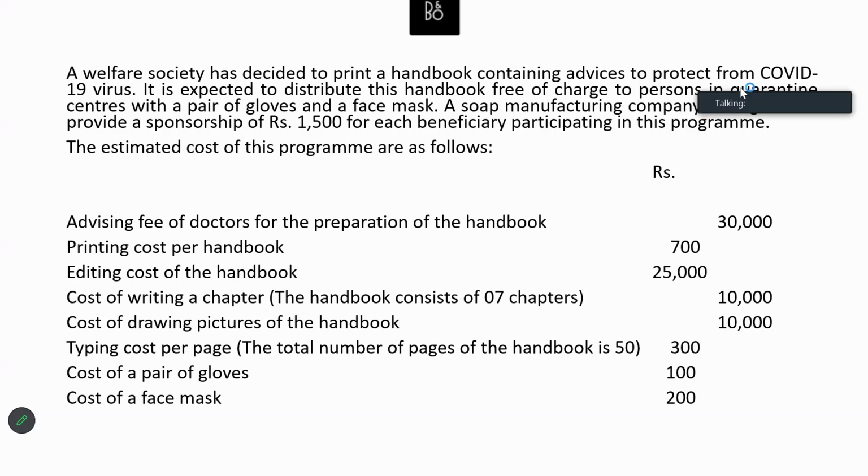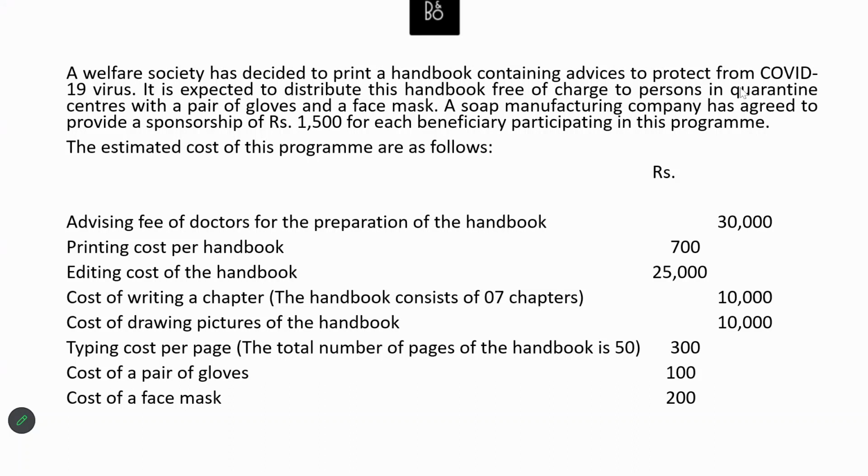A welfare society has decided to print a handbook containing advice to protect from the COVID-19 virus. Assume the COVID-19 virus is still there. The society has decided to print a handbook with all the details about protection.